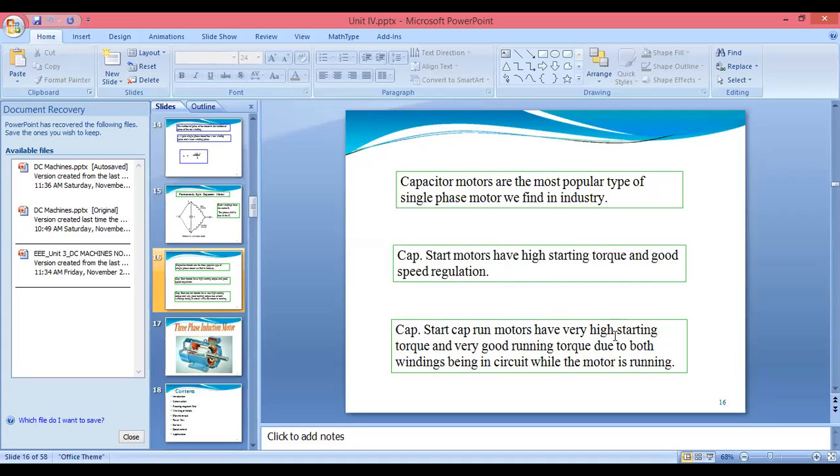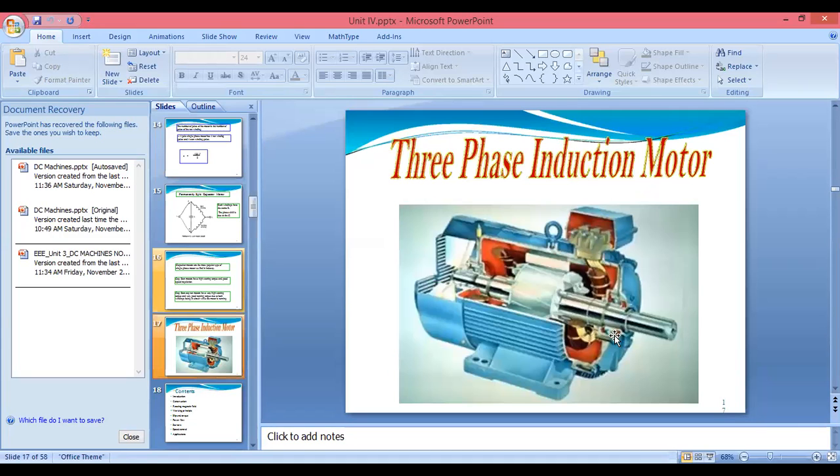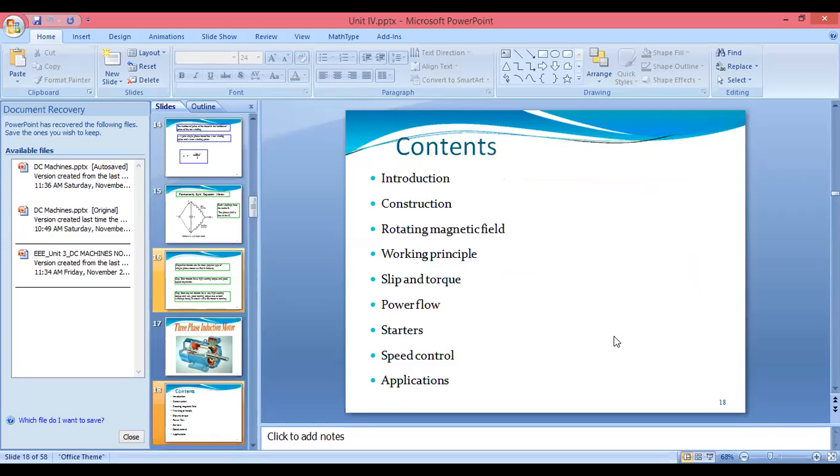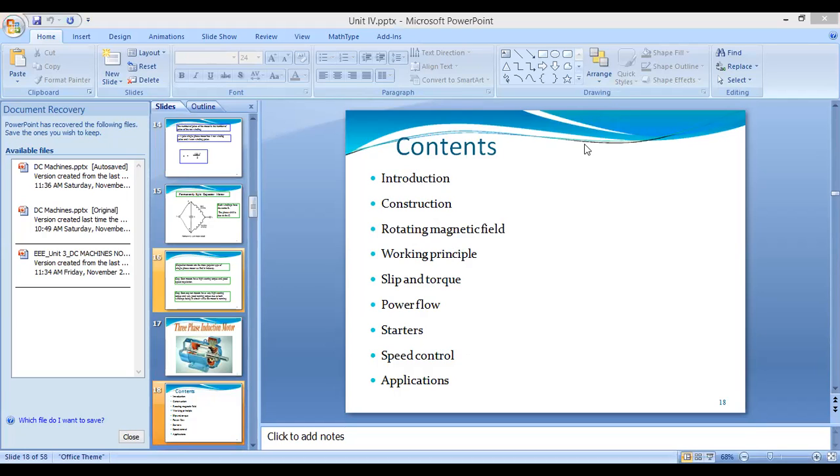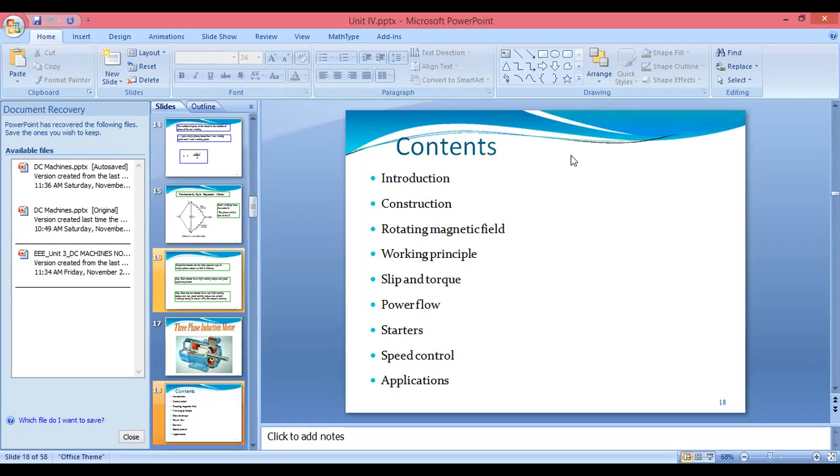So here we are supposed to study the 3-phase induction motor in our syllabus. These are the contents we are supposed to study about the 3-phase induction motor: the construction, the rotating magnetic field, its working principle, slip and torque characteristics, power flow, starter, speed control methods, and some applications of the 3-phase induction motor.